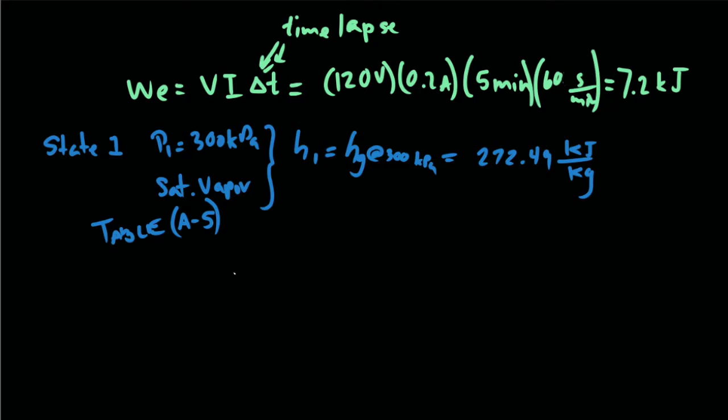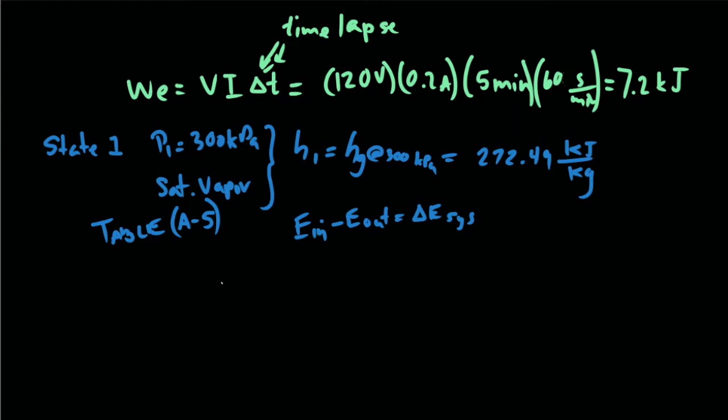And then we say that, again using the first law, E in minus E out is equal to the change of energy of the system. The system being this piston with the saturated vapor inside of it initially.